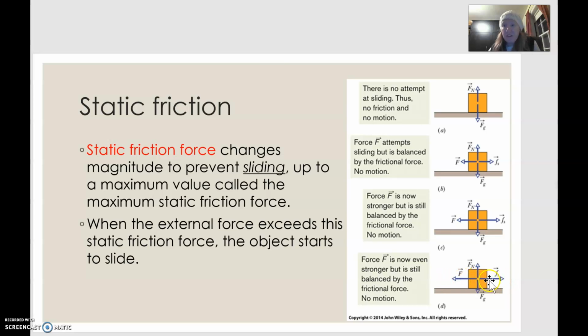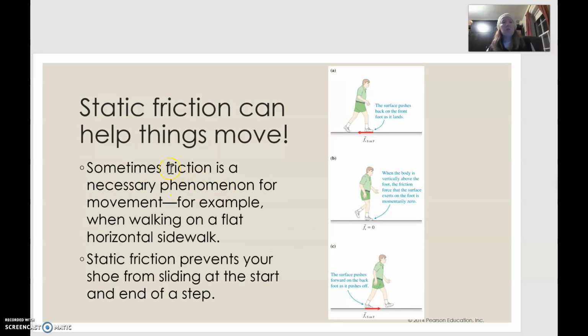And then static friction still grows to match that. Again, it's drawn up here, but it's taking place down at the surface between the box and the outside world, the surface. If it's the floor, we're talking about maybe a wooden floor. So that's preventing that object from accelerating.